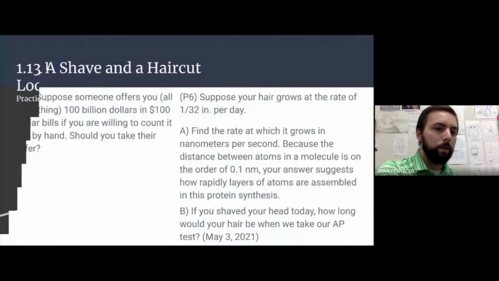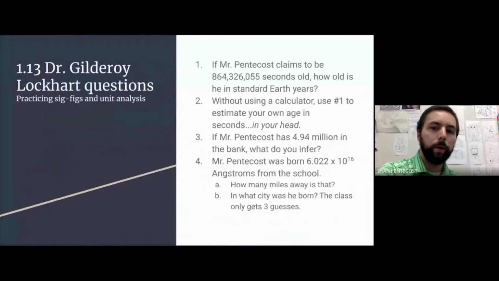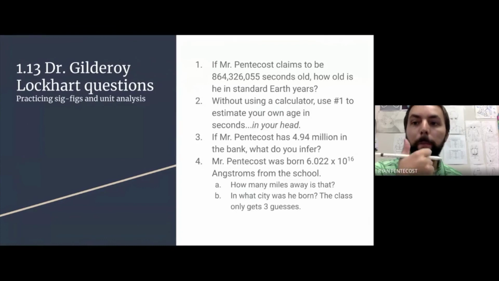All right, now, here we go. Now, number 3, if Mr. Pentecost has 4.94 million in the bank, what do you infer? So, the answer to this is that you infer that Mr. Pentecost is either a bank robber or filthy stinking rich. And the answer is neither. I am not filthy stinking rich nor a bank robber.